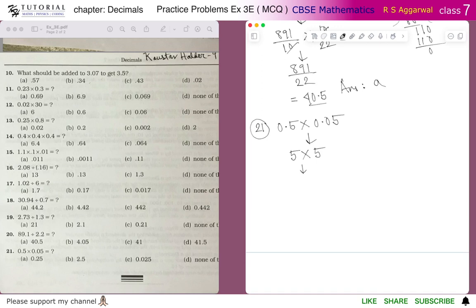So this is 25, and finally we have to put the decimal point in such a way that the decimal places of 25 will be the sum of the decimal places of 0.5 and 0.05, that is 3. So we have to put the decimal point in 25 such that its decimal places is 3. So that makes the product 0.025. So the answer is choice C.